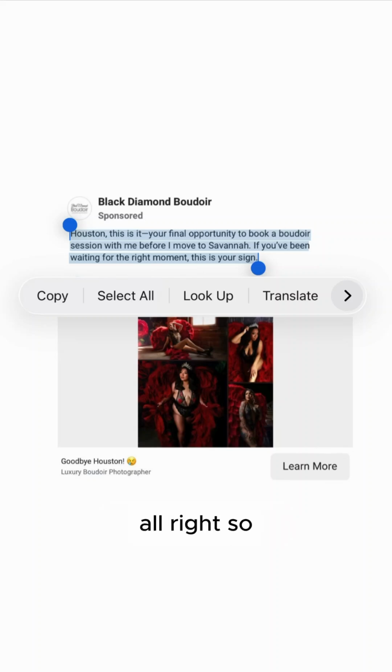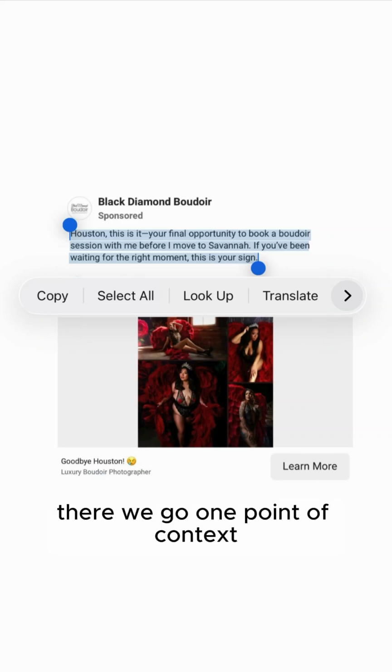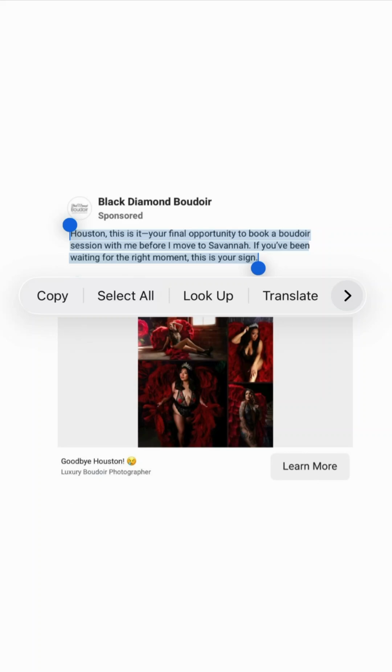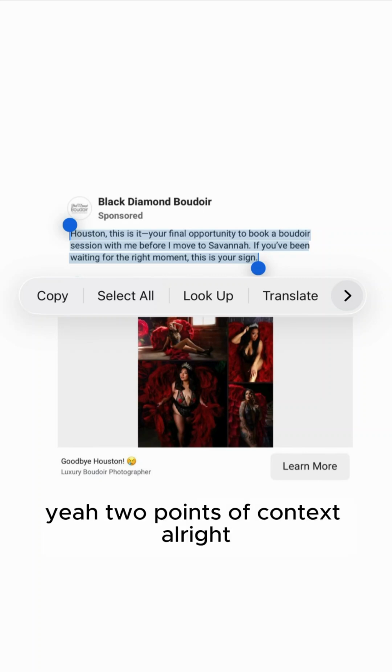All right, so we got 1 point of context. Yeah, 2 points of context. So it's the lack of context mistake.